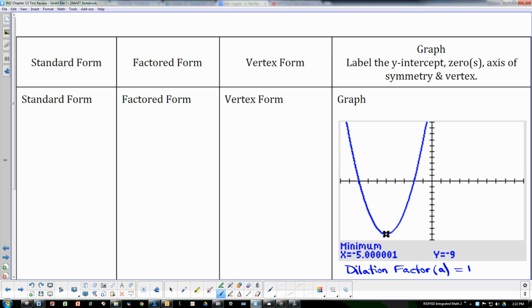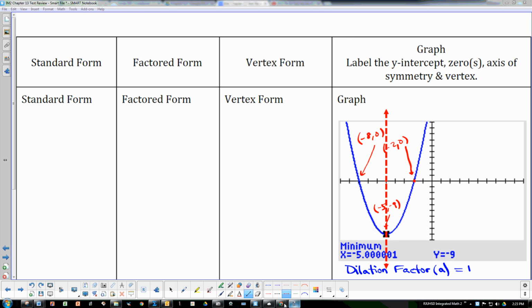Well, if you look pretty closely, this here is a vertex, and that happens to be negative 5 comma negative 9. We also have an x-intercept, negative 2 comma 0. And this one happens to be, let's count this out here, negative 1, negative 2, negative 3, 4, 5, 6, 7, 8, negative 8 comma 0. We've got a lot of information here. We also have an axis of symmetry.